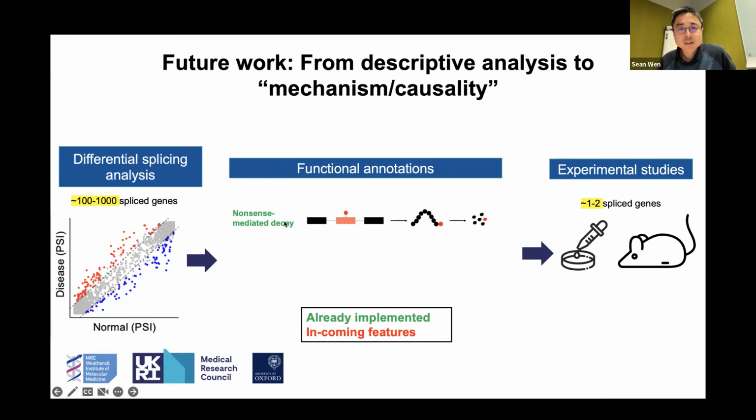This is quite relevant, for example, for tumor suppressors. The other side of the coin is that the alternative splicing does not introduce a premature stop codon. And so what happens is that we get a protein that is potentially hyperactivated. And this is very relevant for oncogenes, for example.